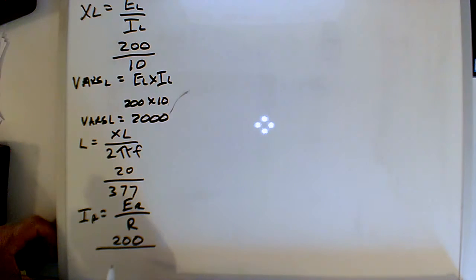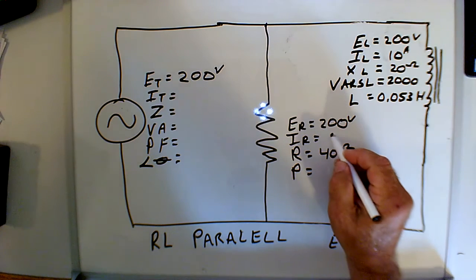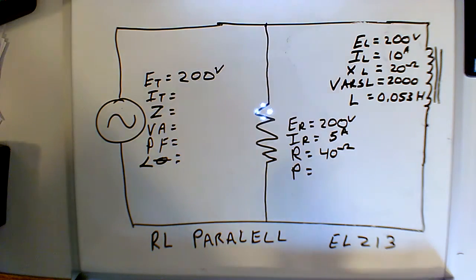I think it is 40. 200 divided by 40, IR is equal to 5 amps. We put that right here, 5 amps.